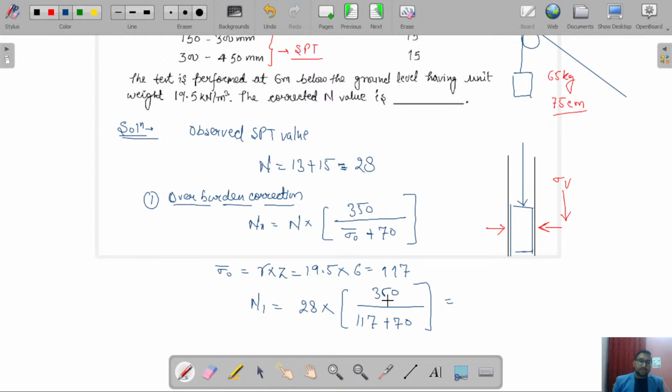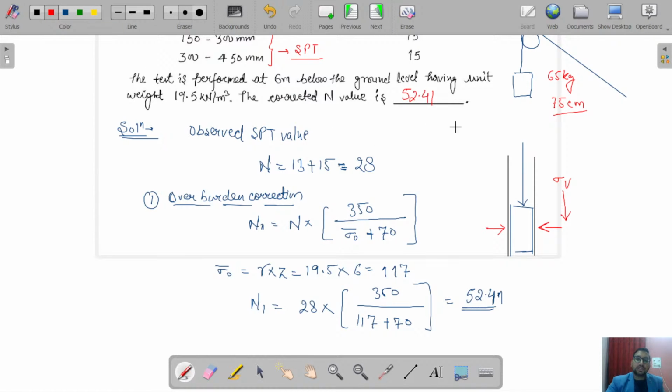The overburden pressure is 117. Yes, it is 52.4, or exactly 52.41. So our answer will be 52.41.